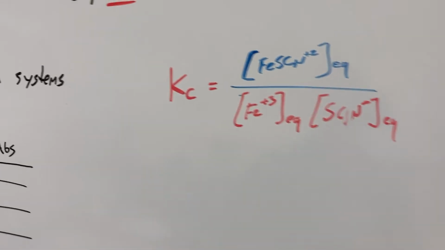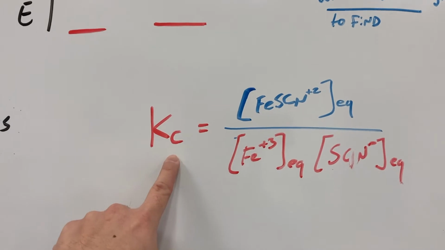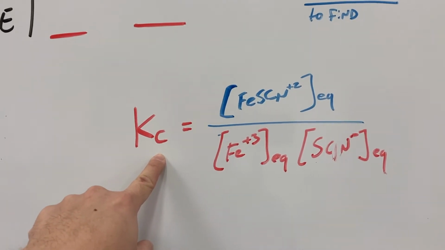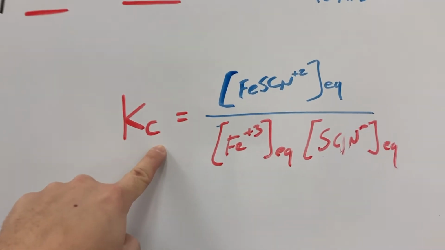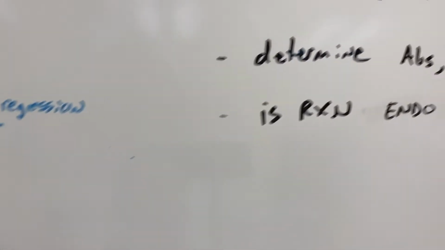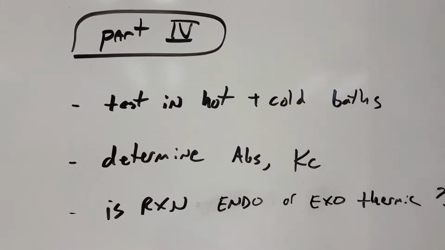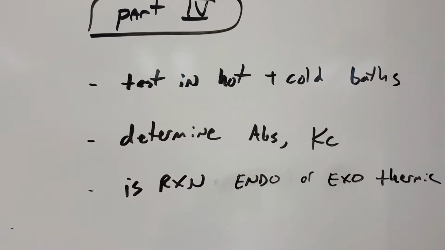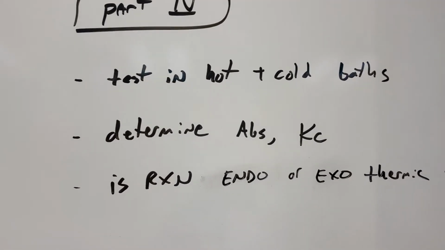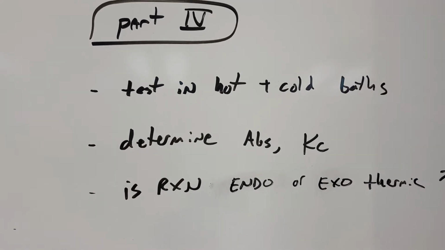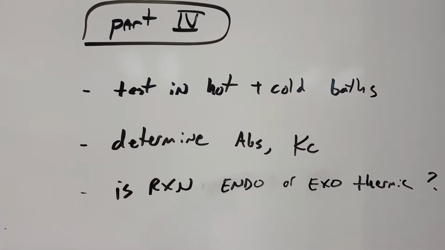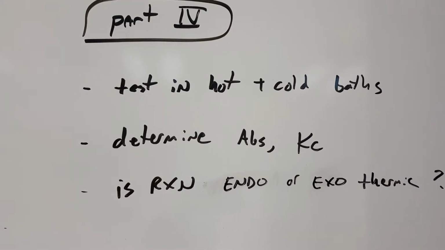Now, you're going to run several trials, so your equilibrium constant will be an average of all the trials that produced an equilibrium constant, all the trials from part 3, that is. In part 4, we are going to run the controlled sample reaction, and we're going to test this in a hot water bath and a cold water bath. That is to say, the reactants will be sitting in a warm bath and a cold bath before mixing.